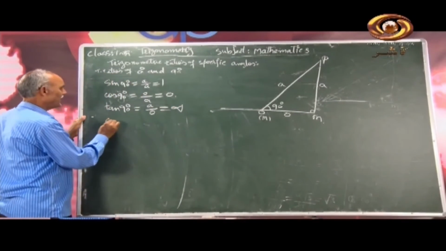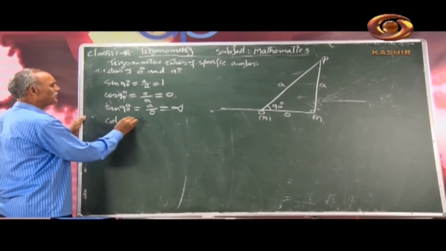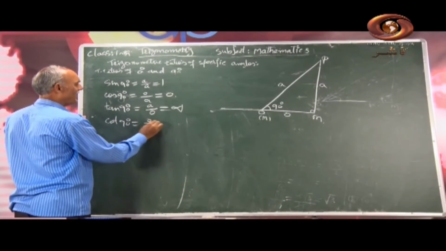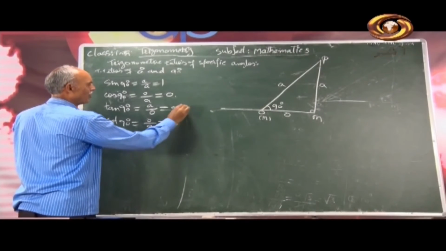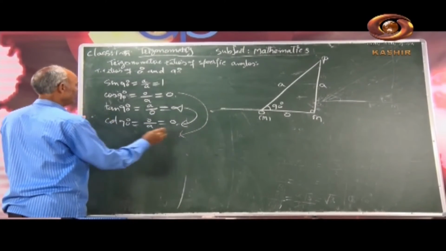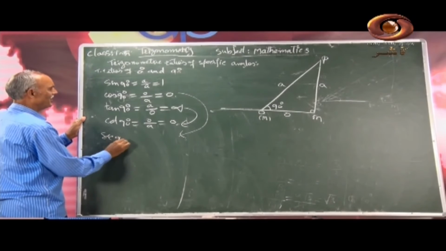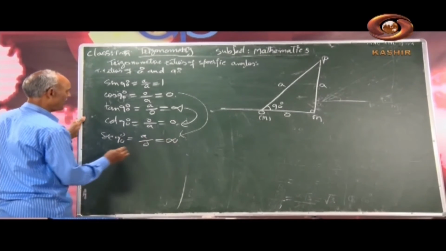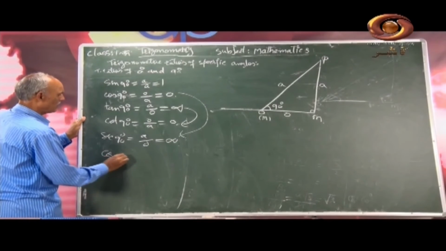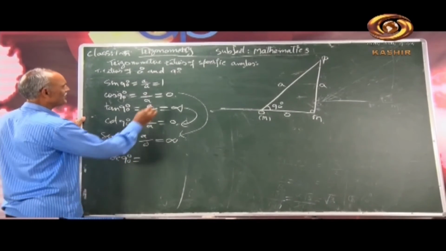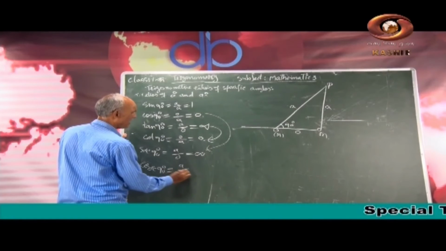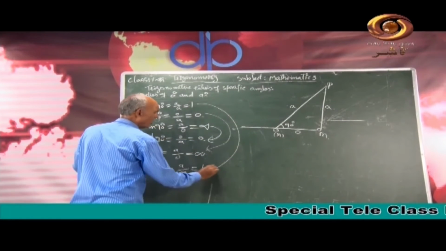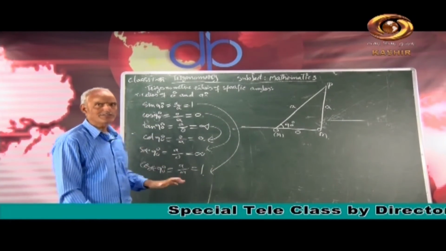And for cot 90 degree, we will take the reciprocal, which is 0 by A, which is equal to 0, and reciprocal of this is sec 90 degree, which is A by 0, again undefined, and reciprocal of sin is cosec 90, which is A by A, equal to 1. So these are some specific angles.